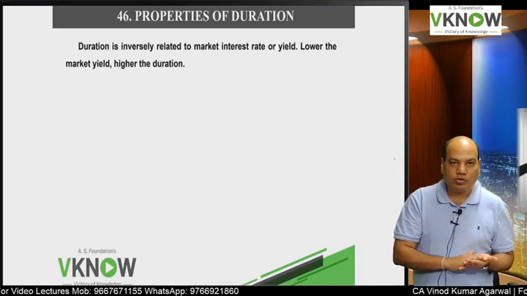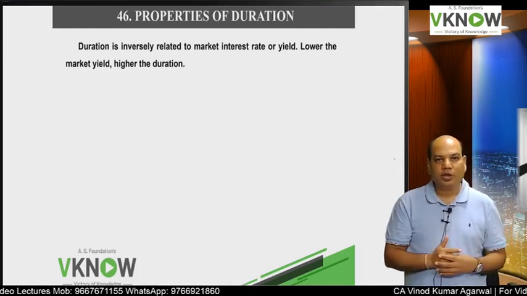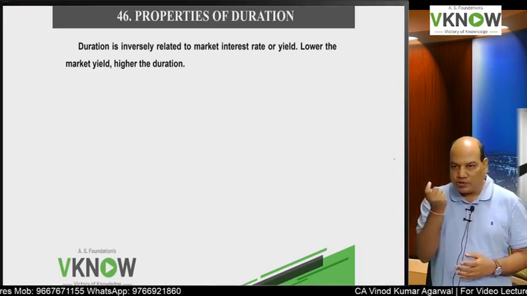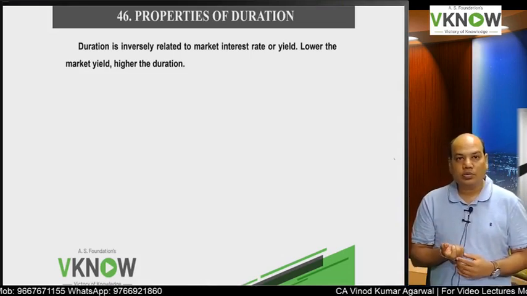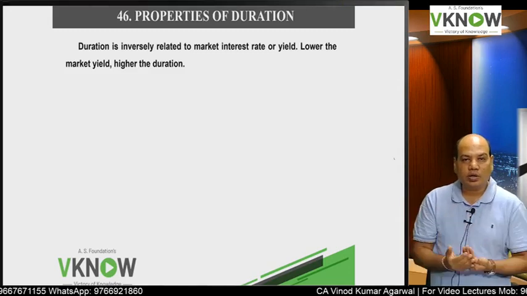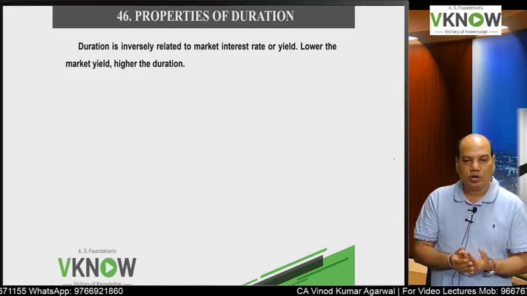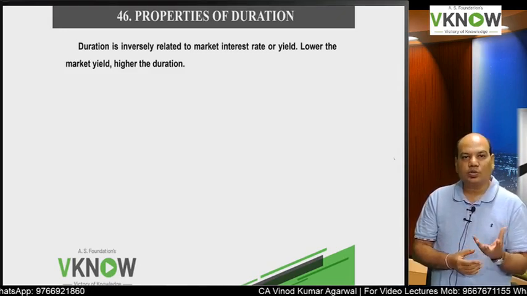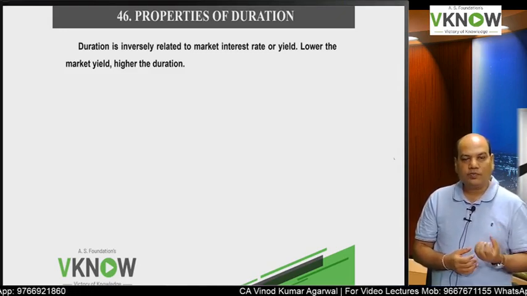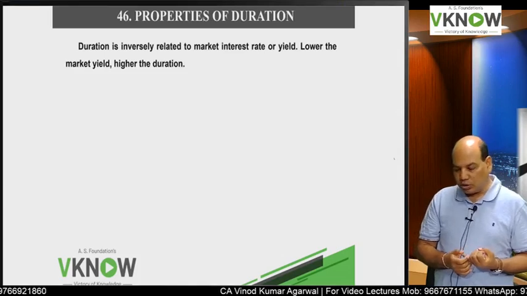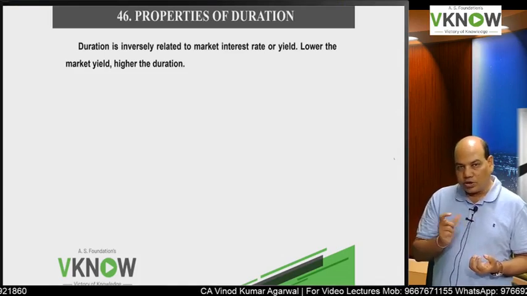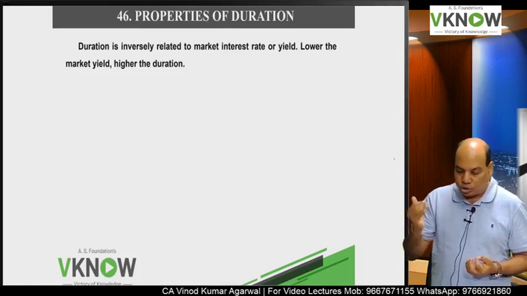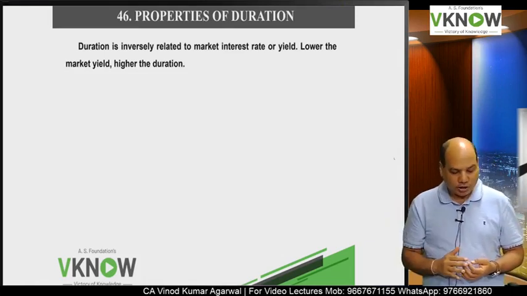If YTM is lower, duration will be higher. Because if YTM is higher, the present value becomes lower, since a high discount rate makes the present value lower. So the weightage of earlier year cash flows goes down and therefore the duration would be lower. So there is an inverse relationship between duration and YTM. Lower the market yield, higher the duration.